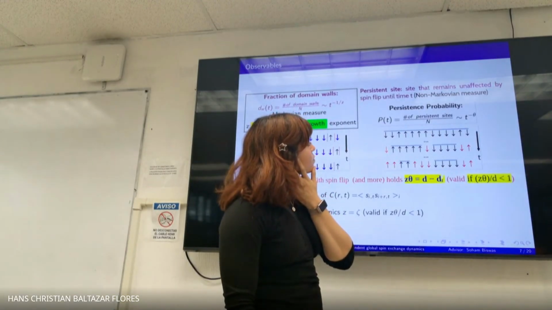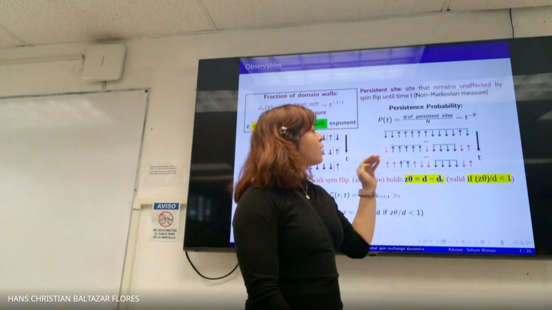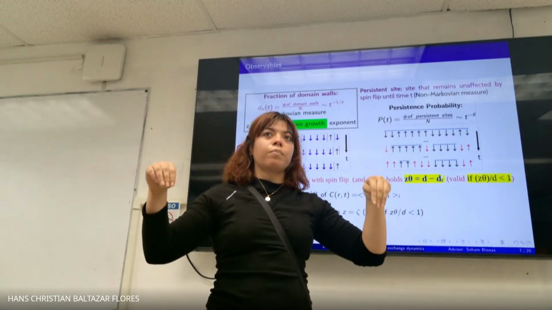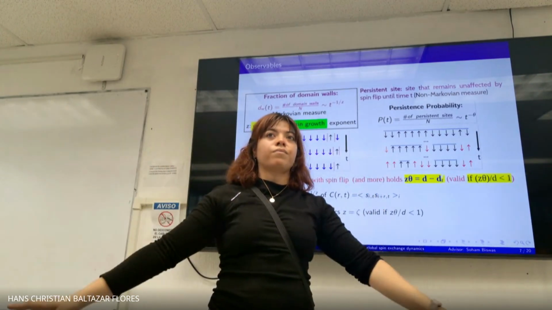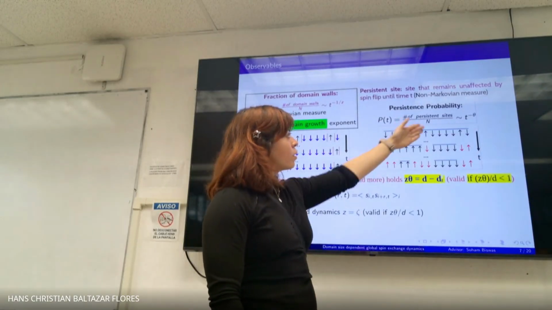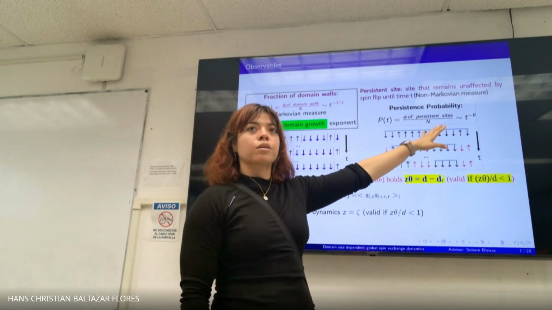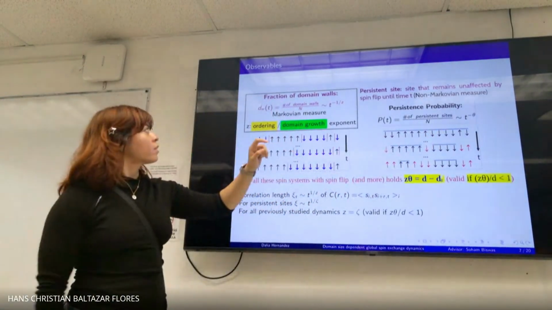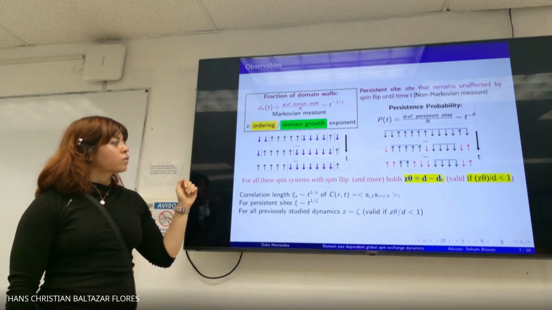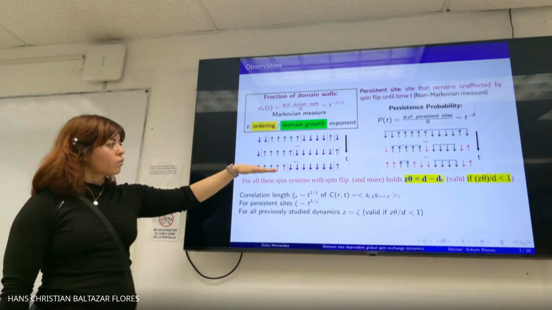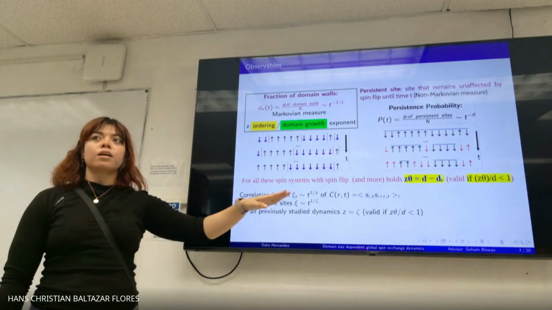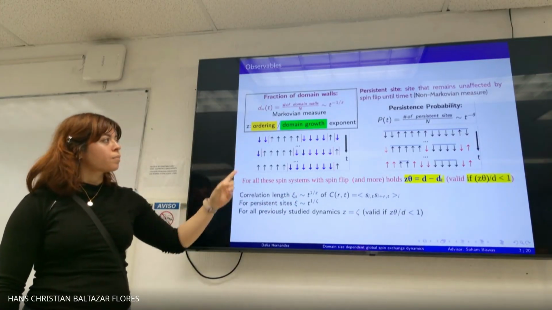As we can see, once two spins exchange, the site stops being persistent and remains so forever. Hence, this is a non-Markovian measure. But for the fraction of domain walls, your actual configuration only depends on the previous one. Hence, domain walls are a Markovian measure.